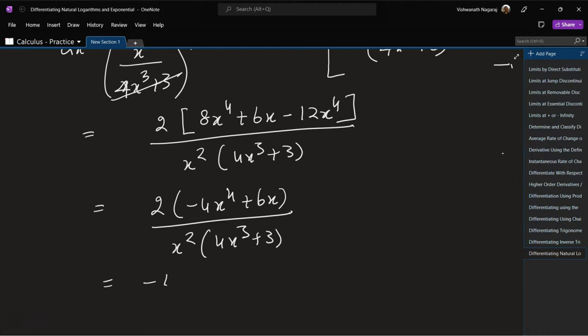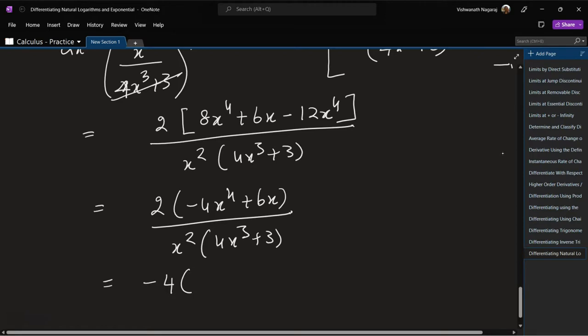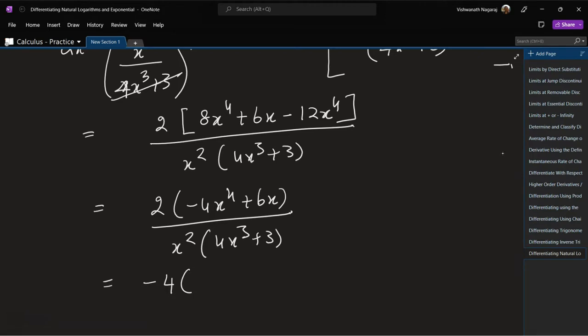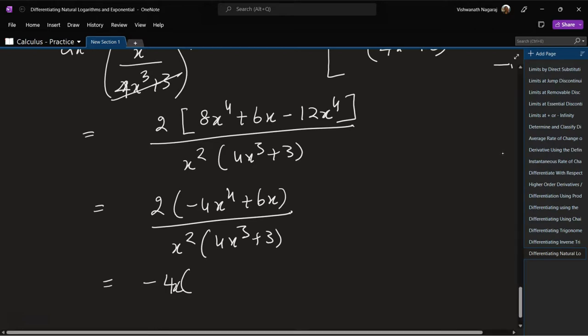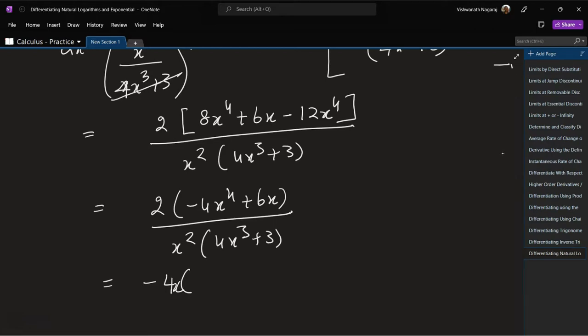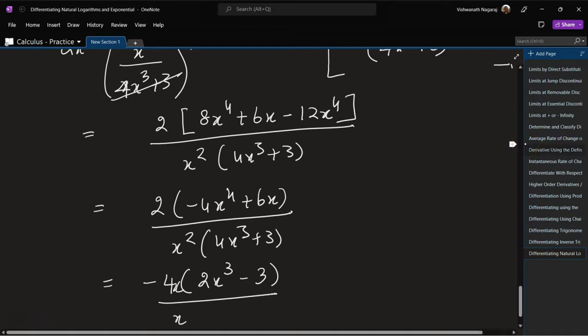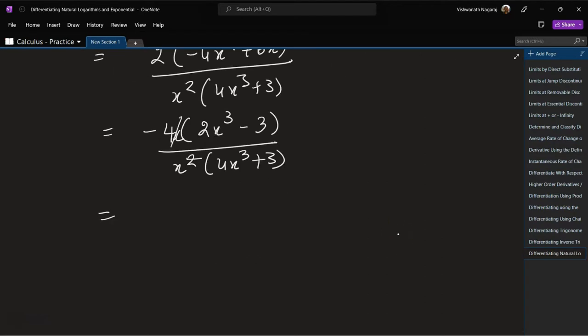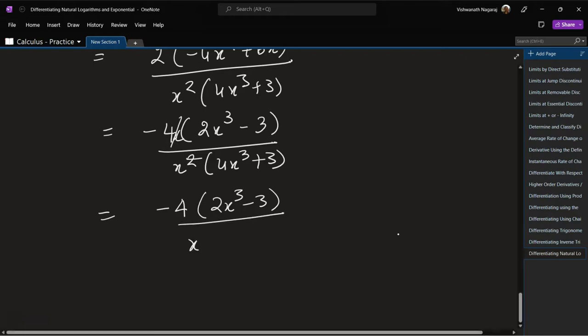So minus 2 times 2 is minus 4. Minus 2 has gone out, and x also we can take it out. So we are left with minus 4x. So 2x cube minus, because minus we have taken out, and we have taken out 2x out, so 3 divided by x square 4x cube plus 3. Okay, so here one of this x and this x cancels, so the derivative is minus 4 times 2x cube minus 3 by x times 4x cube plus 3.